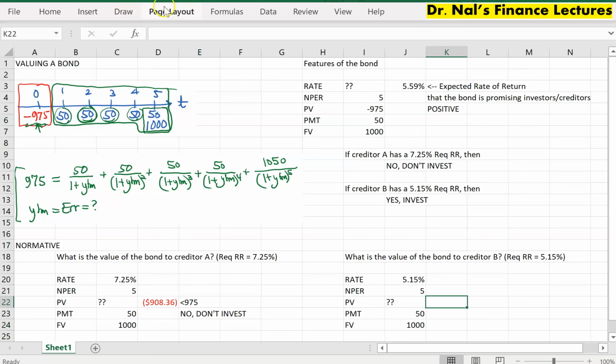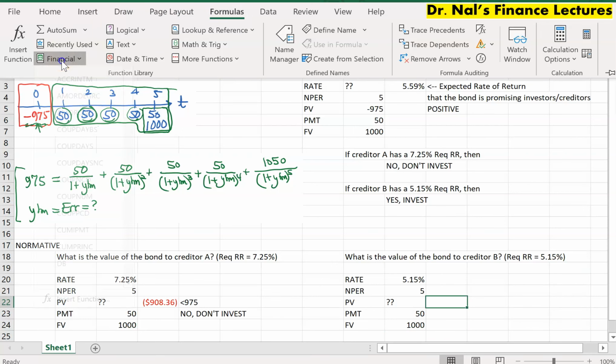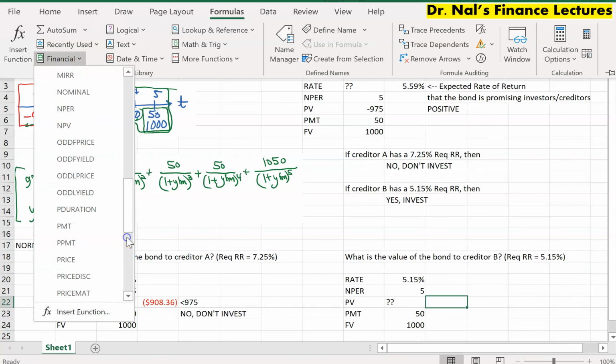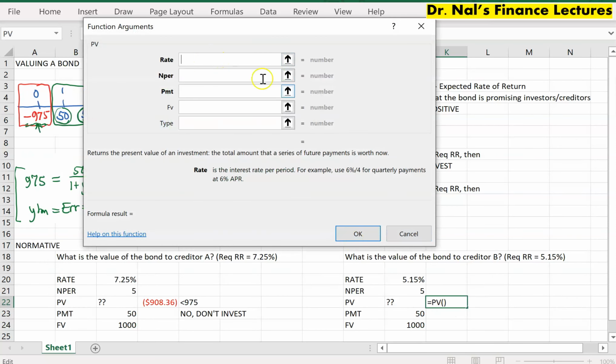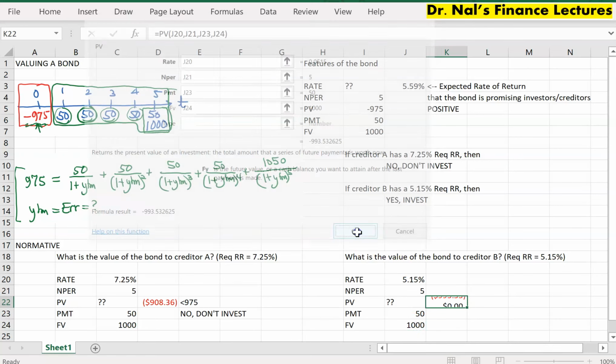So this time, again, we go to formulas, financial. We scroll all the way down to present value. There you go. And we plug in pretty much the same numbers. 5.15% here. The number of periods is 5. The payments are $50 and the face value is $1,000. Press OK and boom.